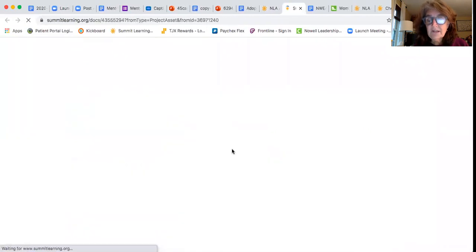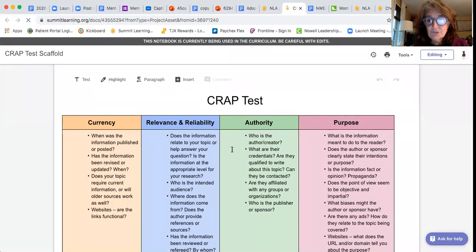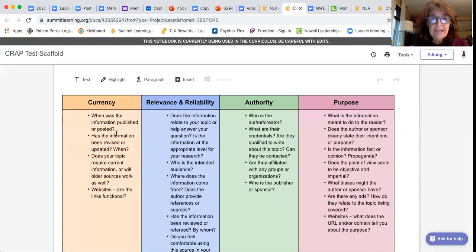And what this does is help you decide if the resources you've selected are really good. So basically, is it current? And that's what we mean by currency. When was it published? Has it been reviewed? Is this website and all the links functional? Is it relevant and reliable? Does it relate to your topic? Does it answer your questions?